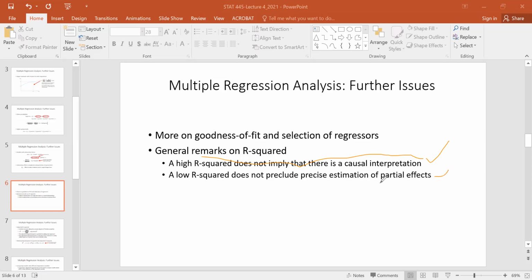It could still be useful for estimating the parameters. It is when you are predicting something that a high R squared is usually useful. Sometimes you just want to get beta 1 hat precisely estimated, with low variance, and then you move on. It may come with a low R squared. It doesn't mean the model is useless. I can talk more about this in class.